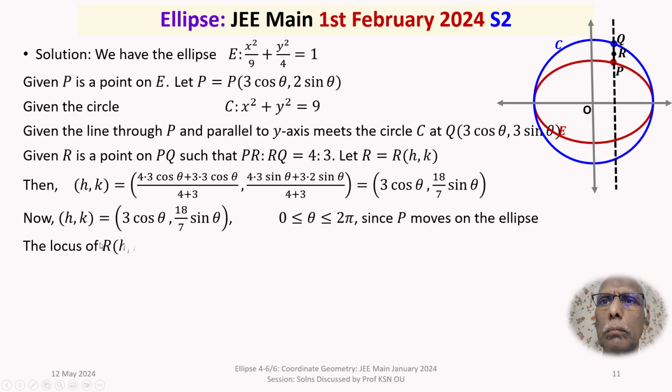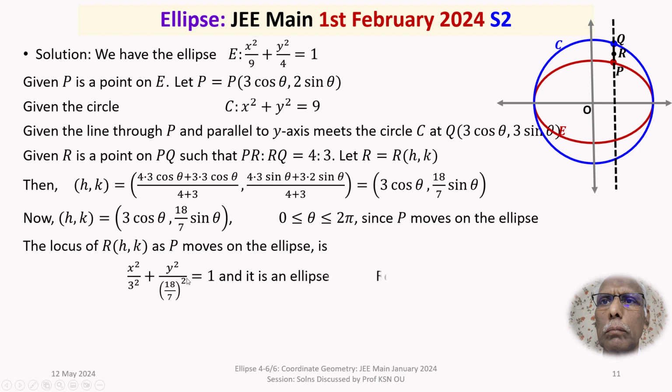So the locus of this point R as P moves on the ellipse is x square by 3 square plus y square by (18 by 7) square is equal to 1, and obviously it is an ellipse.